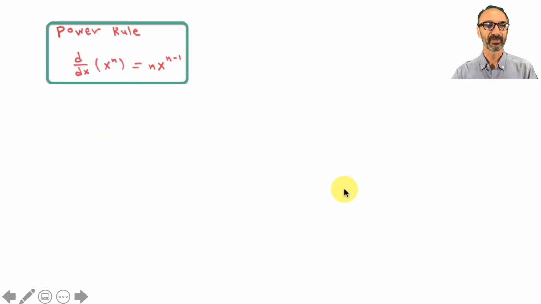Second rule, power rule. This is a power, x to the power n. How do you find the derivative or tell the slopes of the curve? You bring this n up front. You reduce the exponent by 1.